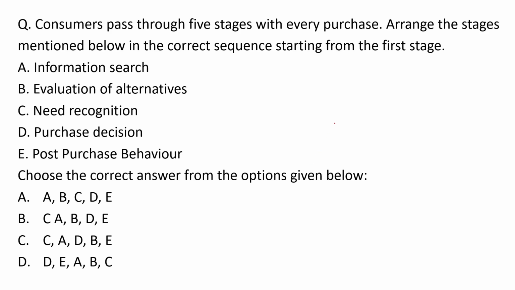If you still have no knowledge about the consumer decision making process, or if you have forgotten it, there are some smart tricks by which you can find out. After doing anything, what can come? The post word. It is asking about the purchase decision or the buying decision. Purchase can come, but post purchase comes after purchase, no? So you can easily delete option D. Now you have E everywhere.